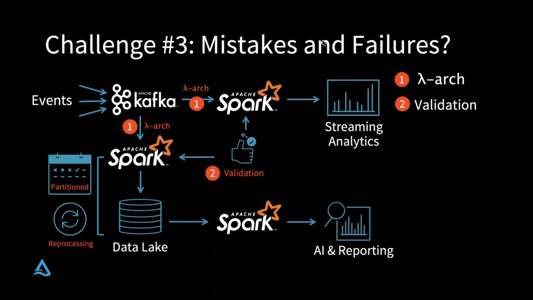So if one of those partitions gets corrupted for any reason, whether it was a mistake in my code or just a job failure, I can just delete that entire directory and reprocess that data for that one partition from scratch. And so by building this partitioning and reprocessing engine, now I can handle these mistakes and failures. It was a little bit of extra code to write, but now I can sleep safe and sound knowing that this is going to work.